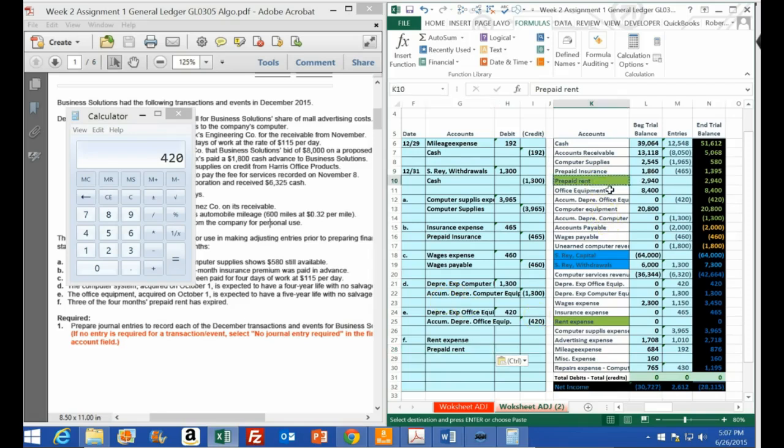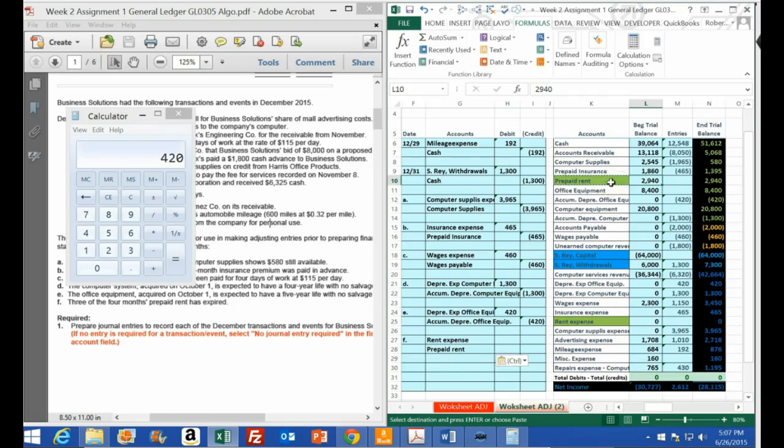Prepaid rent, what is it? Why is it there? It's an asset, because it's in the asset area. And what happened here is we paid rent, so we credited cash, but then we debited not rent expense, but an asset, prepaid rent. Why? Because we prepaid it. We paid the rent in advance. You can think about it like a security deposit in this case, or if we paid like 6 months in advance, we would have prepaid rent.